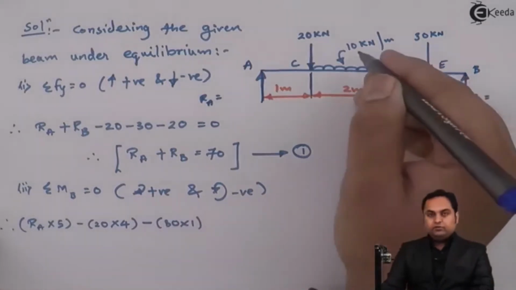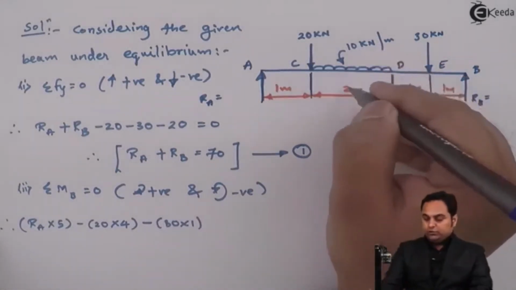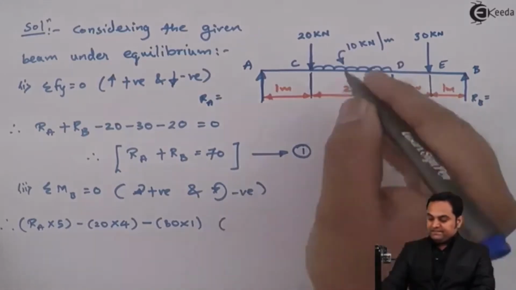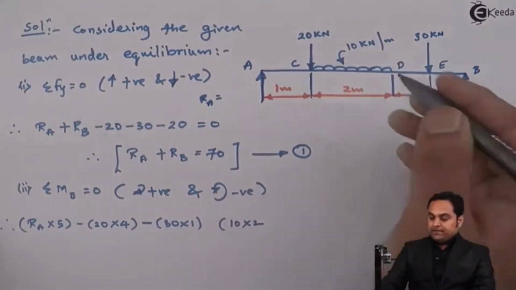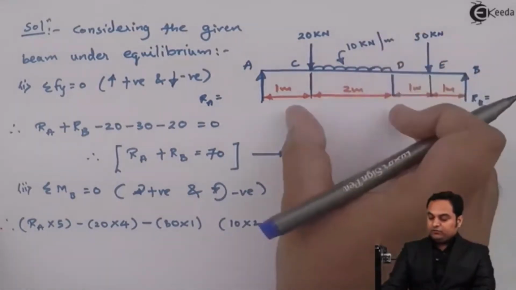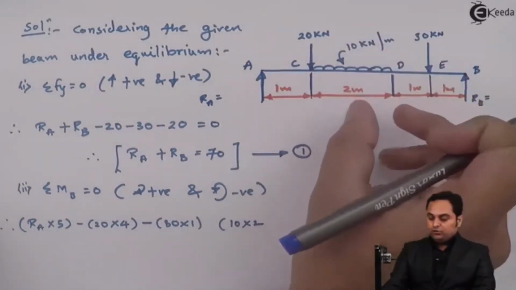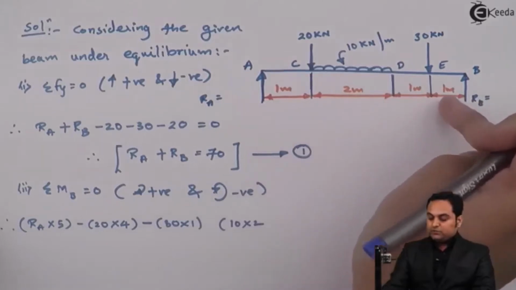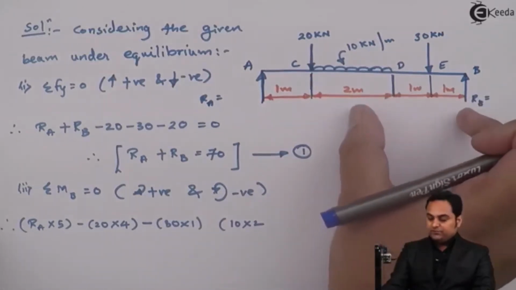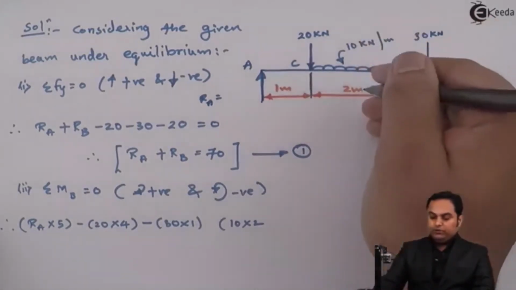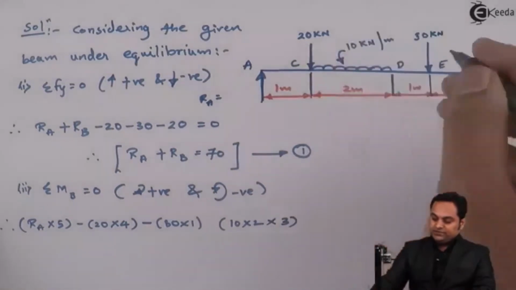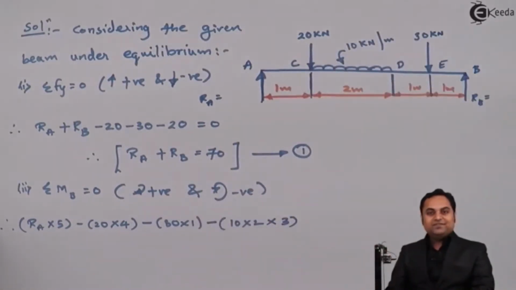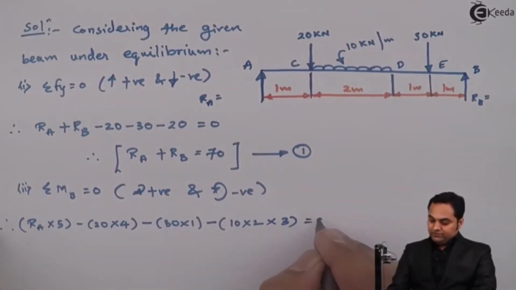Then we have UDL, so this point load will be 20, that is 10 into 2, and it will be acting at half of 2, that is 1 meter. So 1 plus 1 plus 1, that gives us 3 meter distance from point B up to the point load of this UDL. So 10 into 2, that is the point load, into the distance 3, and it produces anti-clockwise moment, so negative sign. It's equal to 0.